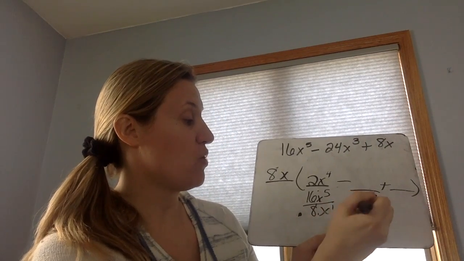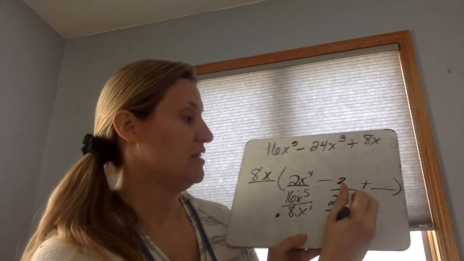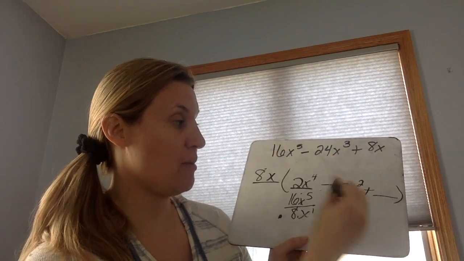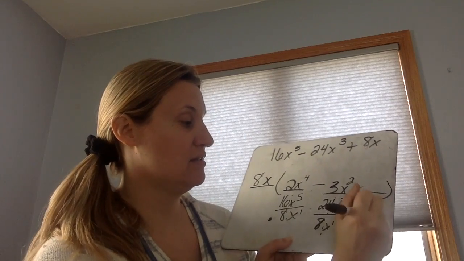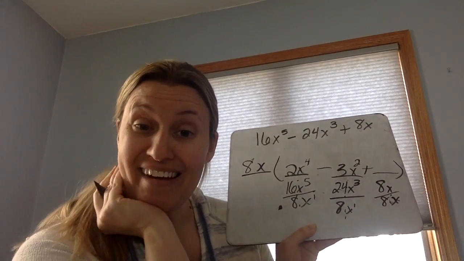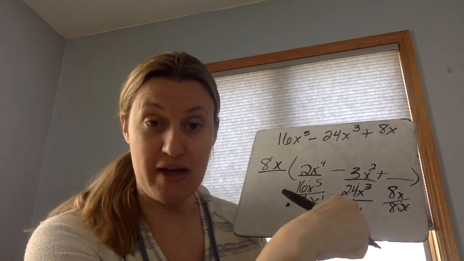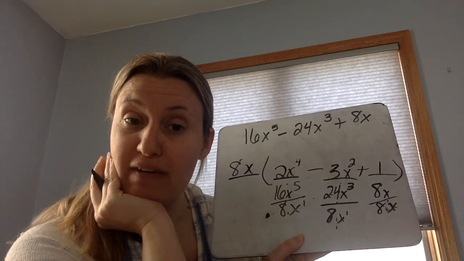Again, 24 divided by 8 is 3. And x to the 3rd divided by x to the 1st is x squared. 3 minus 1 is 2. And then finally, 8x divided by 8x. Well, folks, you've learned since elementary that anything divided by itself is 1. So 8x divided by 8x is 1. So that would be my final answer.